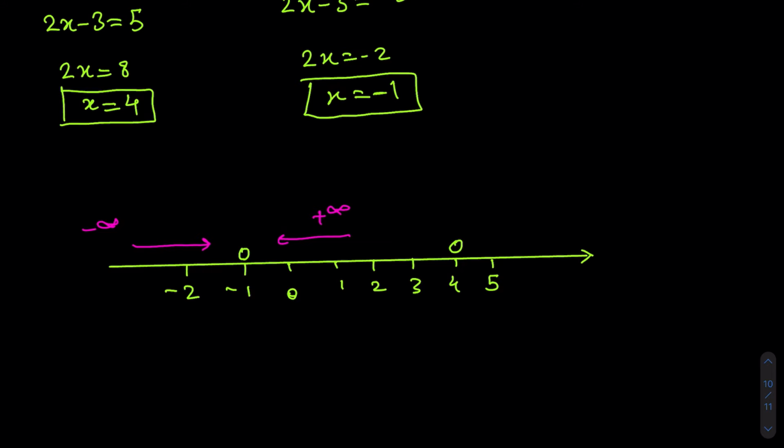Approaching means that we substitute a value less than the critical value, which means we are approaching it from negative infinity, and if we substitute a value larger than the critical value, that means we are approaching it from positive infinity. And if either of them satisfies the inequality, that is the answer.